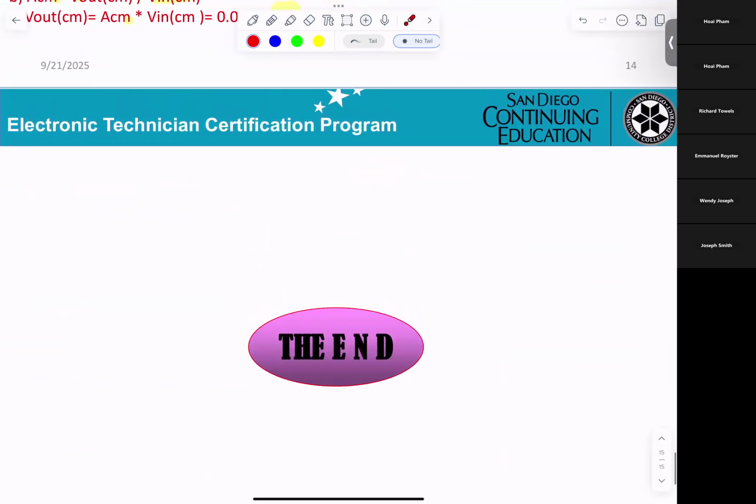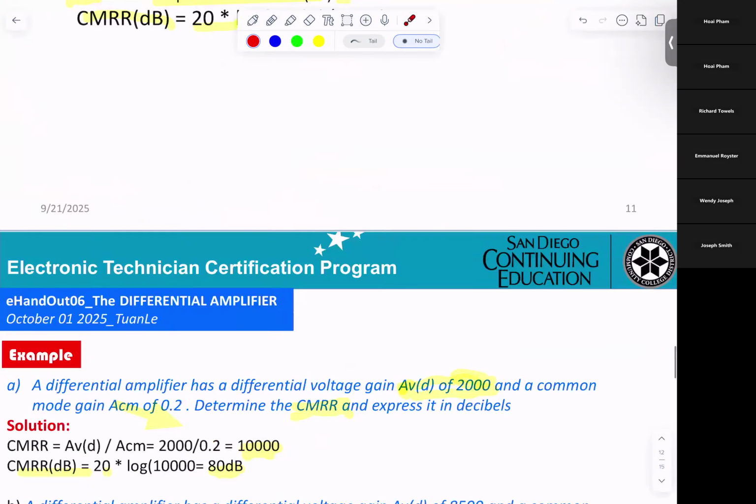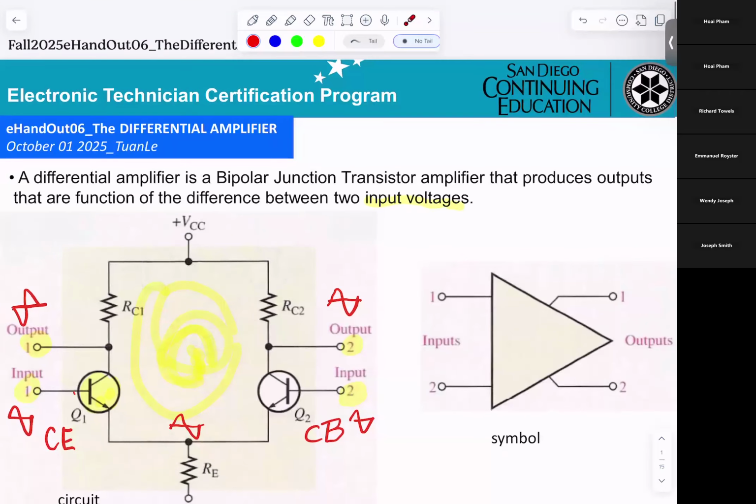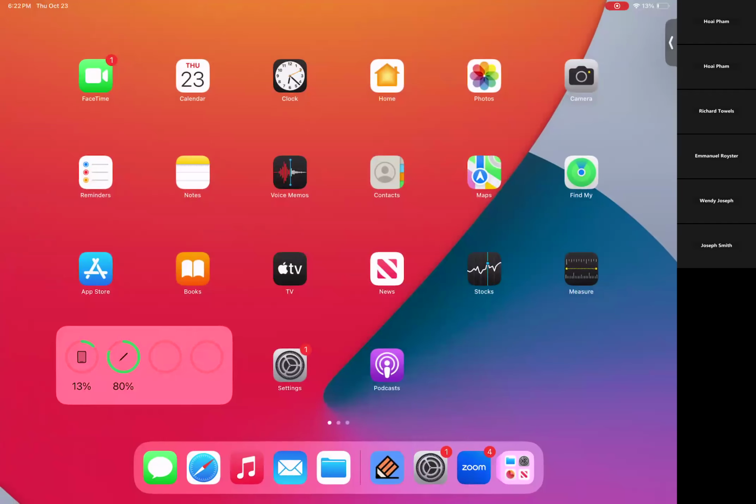Okay. That will be it for the differential amplifier.